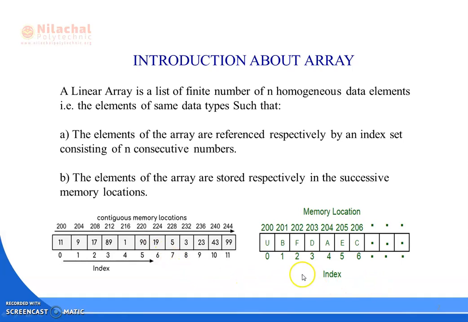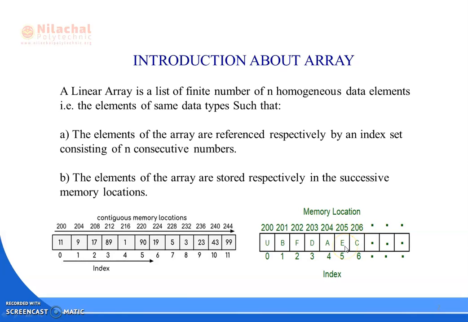In the next example of array, we can see it consists of character type of data with index number starting from 0, 1, 2, 3, 4, and so on, and memory allocation of 1 byte. That is, the first memory allocation is 200, next is 201, next is 202, 203, 204, and so on.